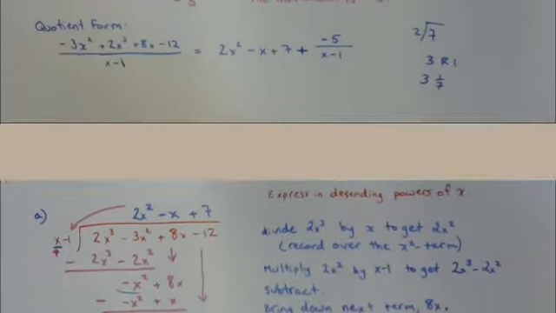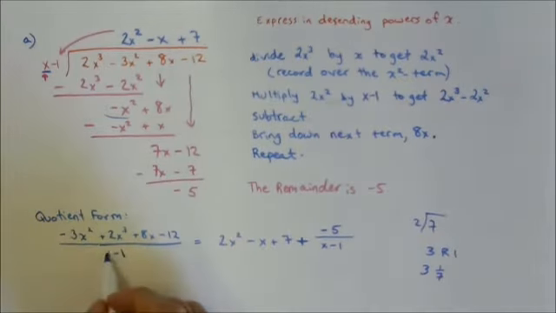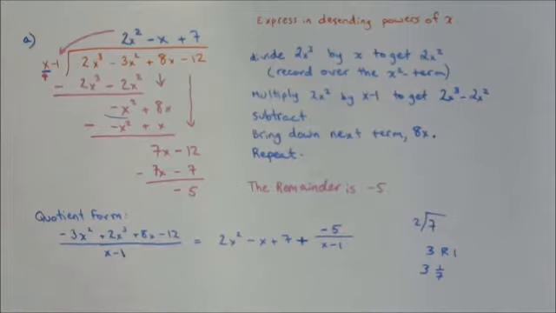Good. Step B says identify any restrictions on the variable. What we need to remember is that division by 0 is undefined. So what you divide by, the denominator in quotient form, cannot equal 0.